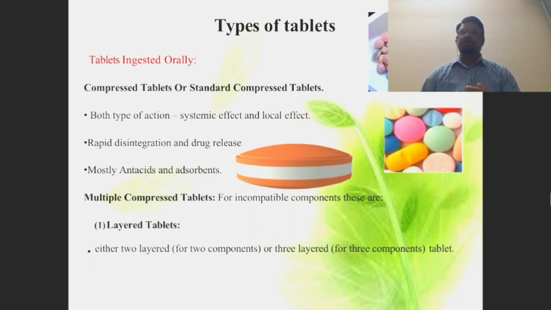Then there are multiple compressed tablets. They contain two to three layers, with more than one drug, or more than one active pharmaceutical ingredient. So one tablet contains two drugs and can be used for two types of disease or disorder.